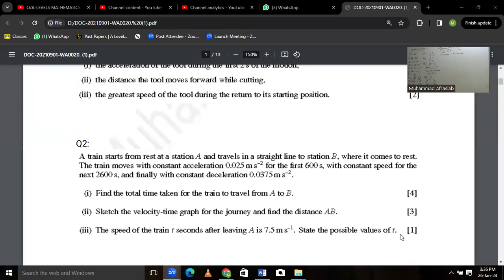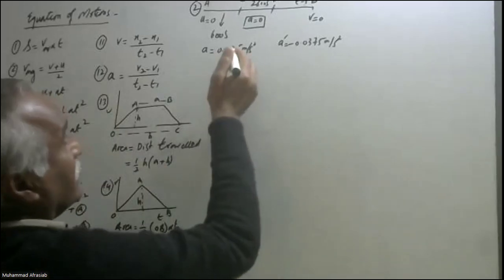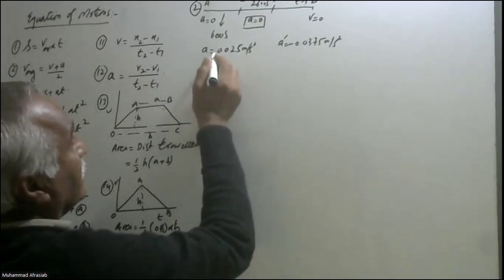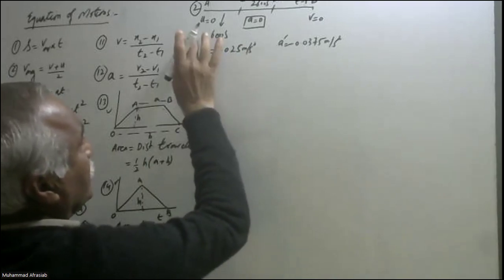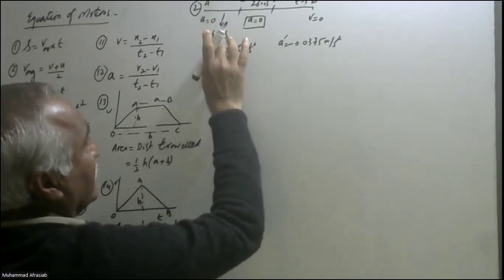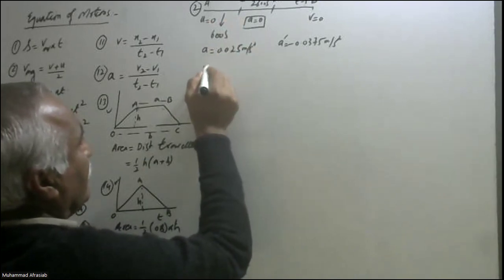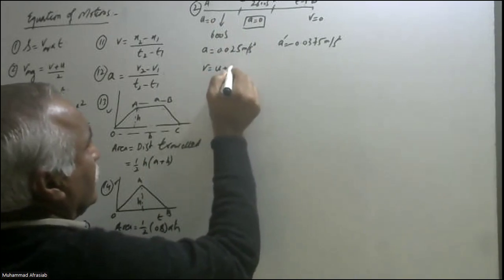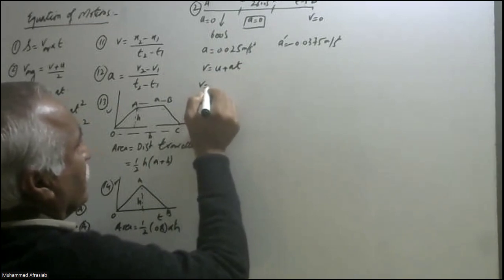Find the total time taken for the train to travel from A to B. Now, first we will calculate the velocity. U is 0, time is 600 seconds, so V is equal to U plus AT, where V we are going to find out.